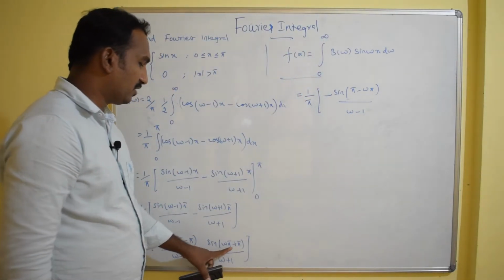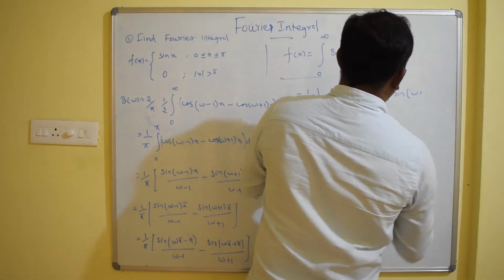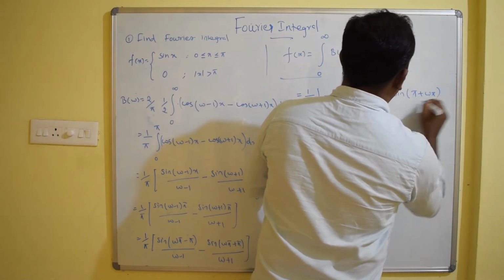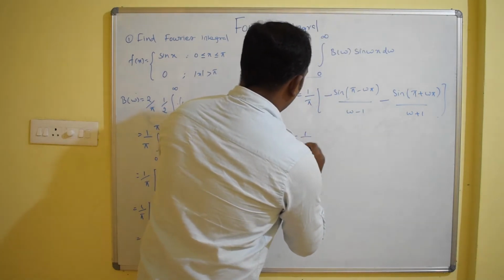Similarly, already we have it as a positive value, minus sin(omega pi plus pi) divided by (omega plus 1), which is equal to 1 by pi.